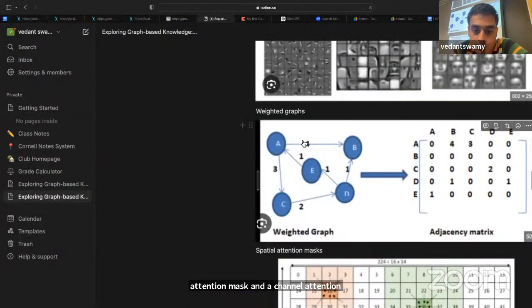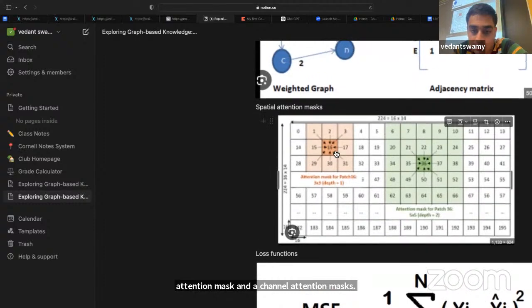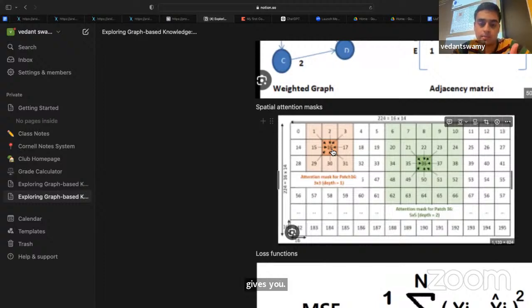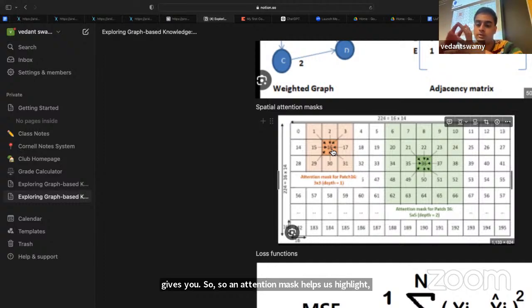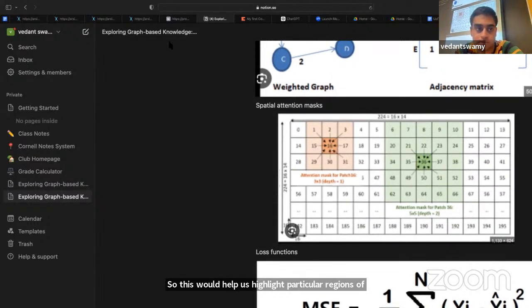To understand what a spatial attention mask actually gives you: an attention mask helps us highlight important features inside the matrix itself. This would help us highlight particular regions of interest to us.